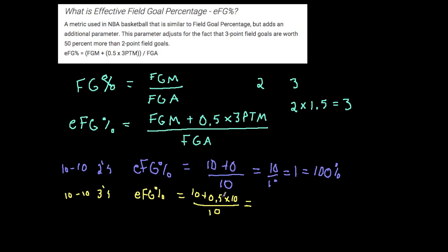So this is 10 plus 0.5 times 10 is 5, all over 10. So that equals 15 over 10. That equals 1.5, and that's the same as 150%. I just multiplied by 100%. So you can see someone's effective field goal percentage is much better if they're hitting threes, because a 3 is worth 1.5 times as many points as a 2.